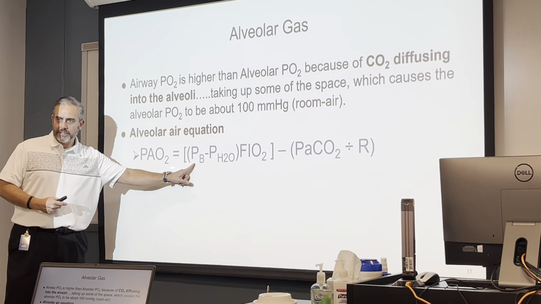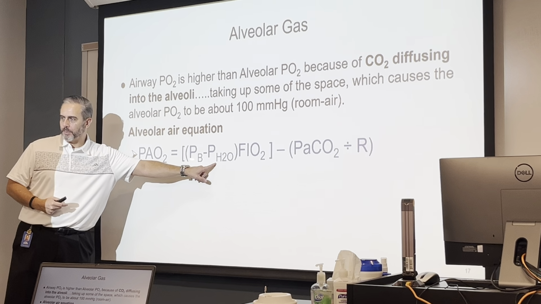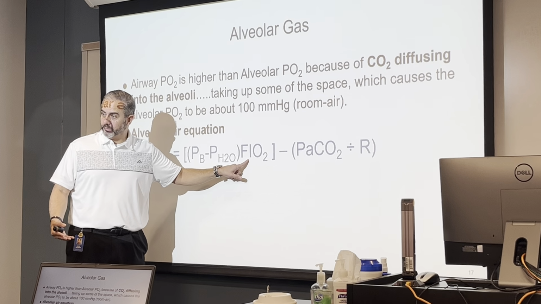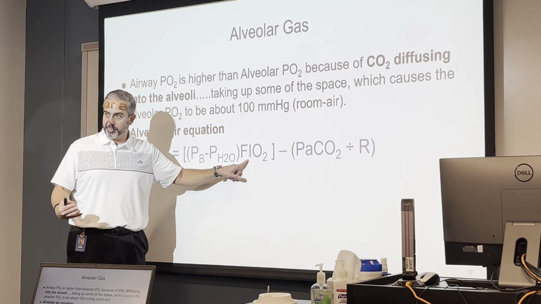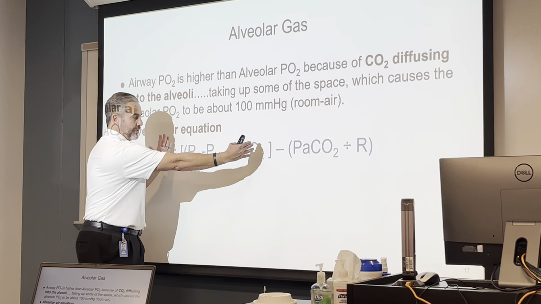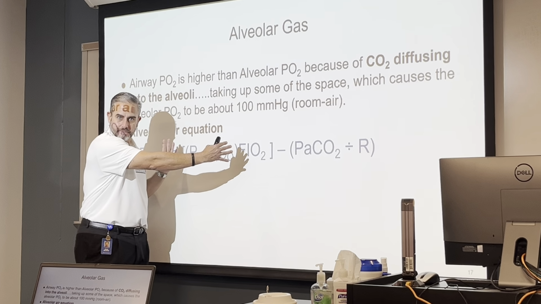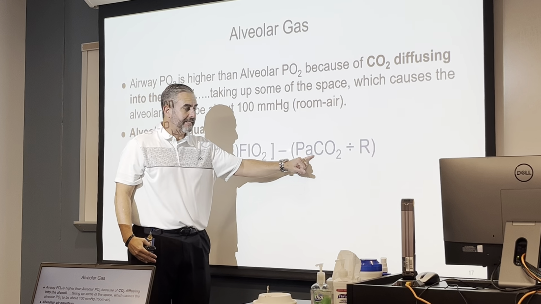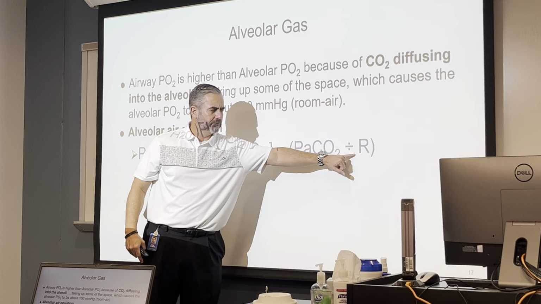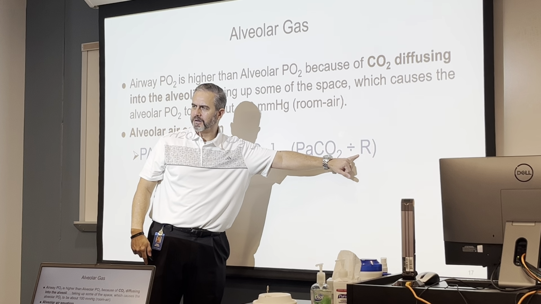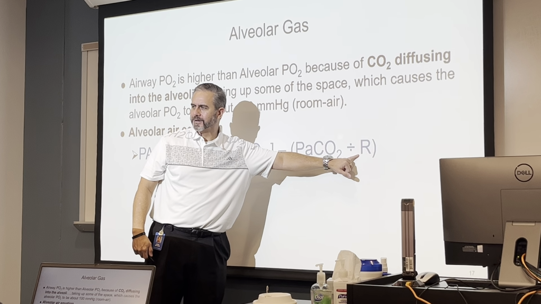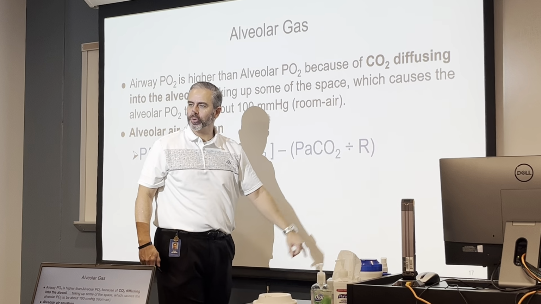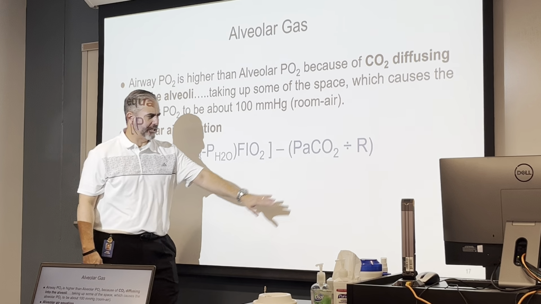The calculation is barometric pressure minus water vapor pressure, times the FiO2. Notice there's brackets there, so you have to do that side first. That number is going to be subtracted from the CO2 divided by, what is R? Respiratory exchange ratio.